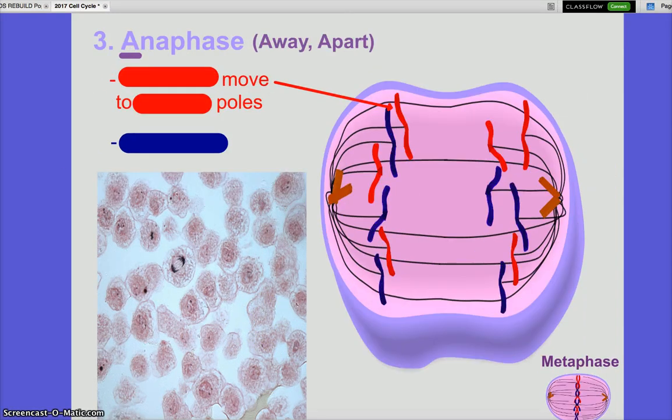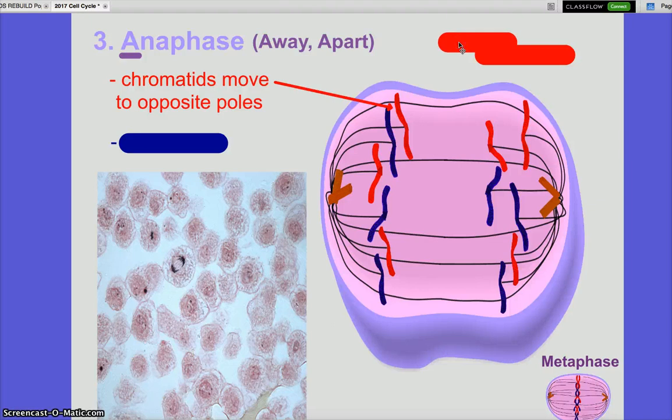The next phase is A for anaphase, A for away or apart. What's moving away or apart? Chromosomes are moving apart. Sometimes they reference it as to opposite ends of the pole. What else is happening? Or what's moving them? Good.